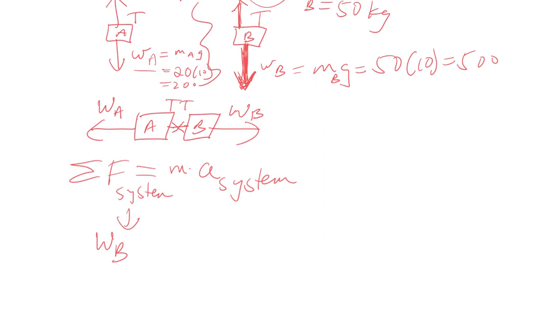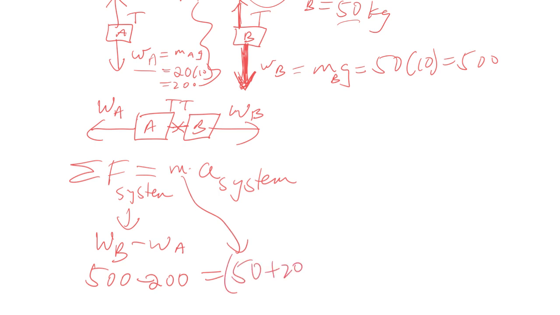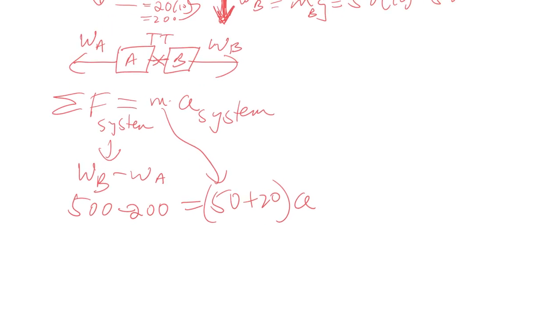So this would be WB minus WA because WB is heavier. So 500 minus 200 equals the total mass, 50 plus 20, times the acceleration of the system. So 300 equals 70a. a equals 300 divided by 70.